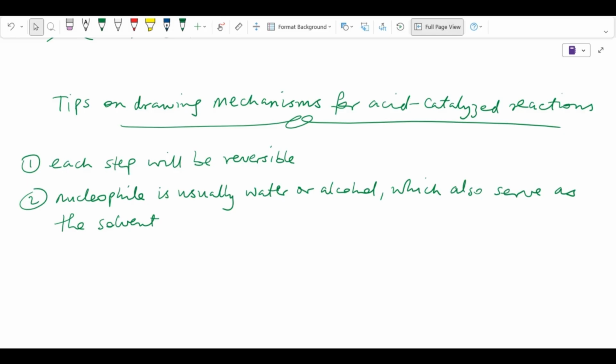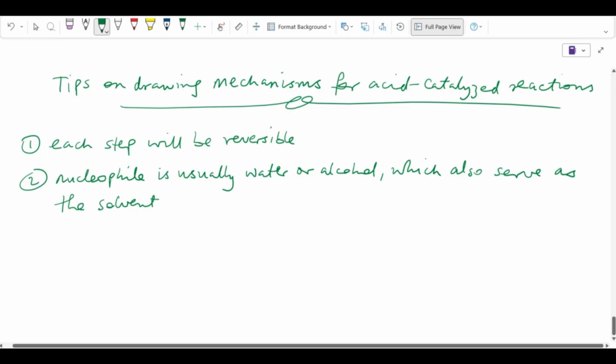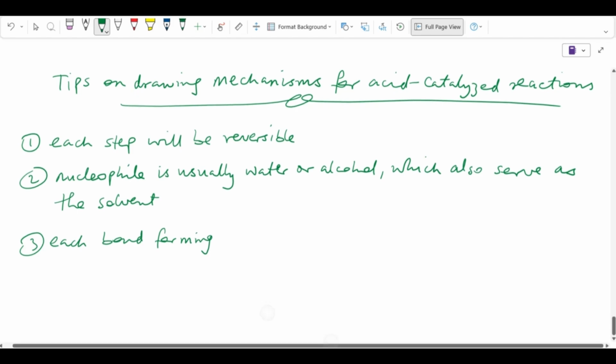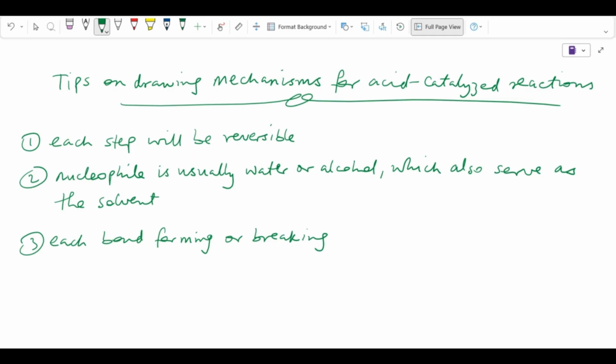Another thing to note is that each bond forming or each bond breaking process will be preceded by protonation. In other words, the first step is usually protonation. So each bond forming or bond breaking step will be preceded by protonation.